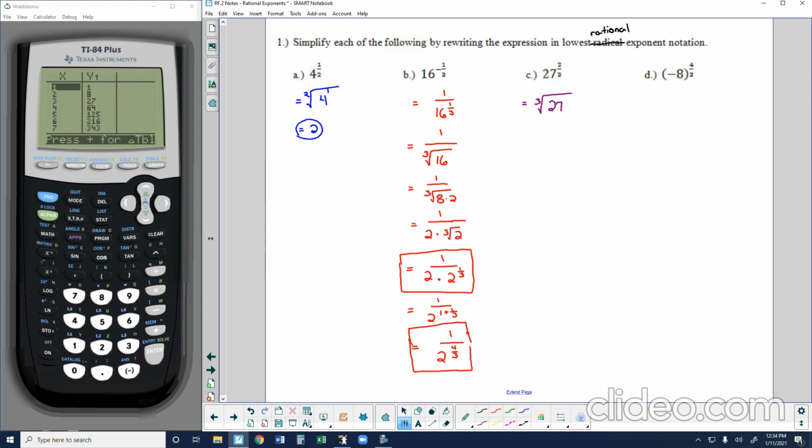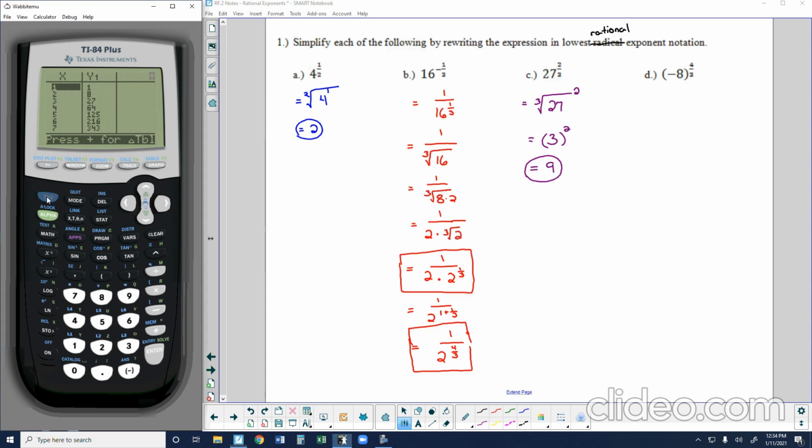And now that 2 can go either inside the root and be done first, or outside the root. I'm going to go ahead and leave it outside because we can see that 27 is a perfect cube. So the cubed root of 27 can be simplified to 3, and then that 3 would be squared, which our final answer here would be 9.